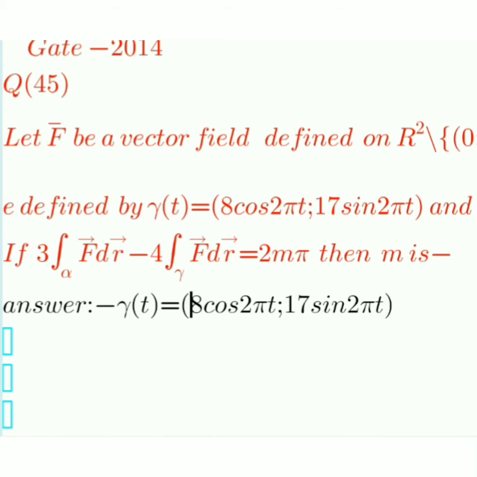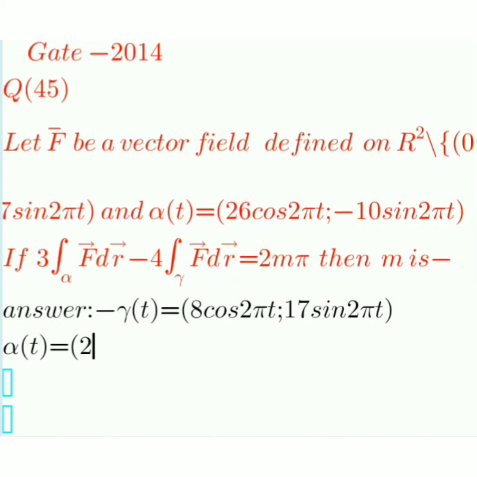I get two paths, and the other formula is alpha(t): 26 cos 2 pi t, comma, minus 10 sin 2 pi t. Okay friends, this is very simple.